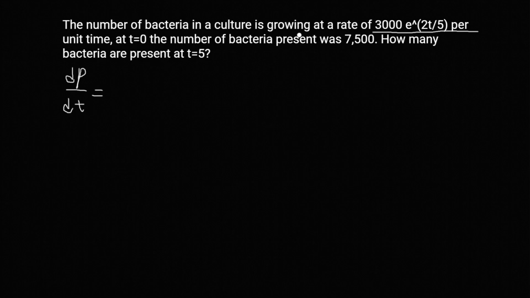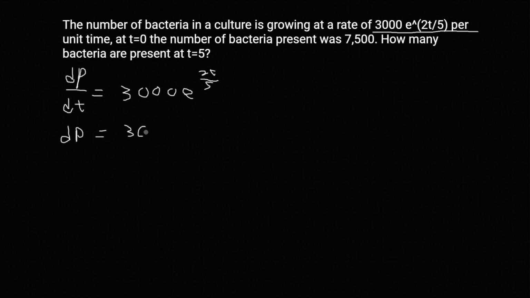So the rate is 3,000 e to the 2t over 5. So we want to solve for the population. So we have dp, we're going to move dt to the other side.